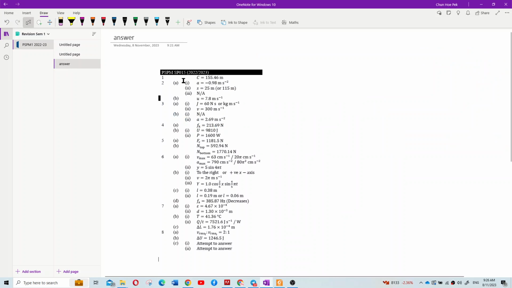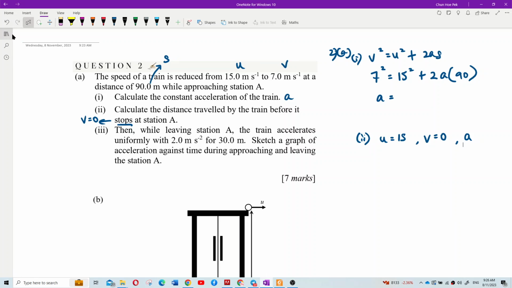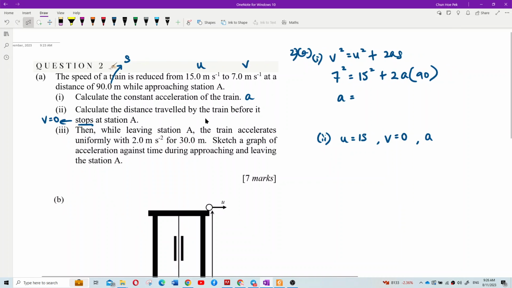The deceleration is negative 0.98. Negative 0.98. Deceleration, yeah, negative 0.98. So find the distance traveled.